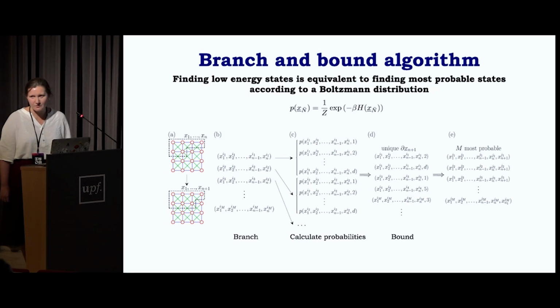We use a branch and bound search strategy. So we sweep through our two-dimensional system cluster by cluster, and at each step we identify the set of states with the highest probabilities using those approximate contractions of the PEPS tensor network.